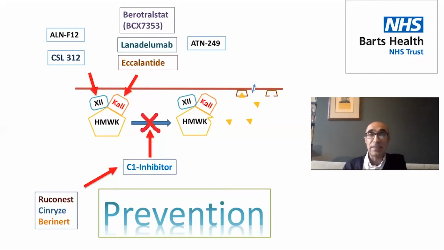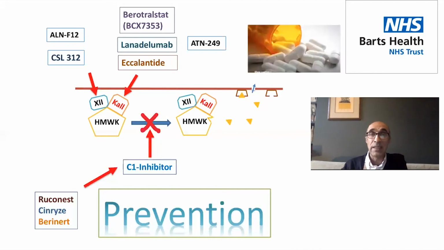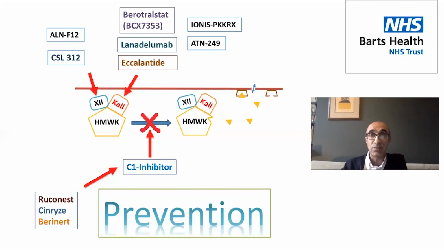There is another small molecule, which is called ATN-249. These are all experimental. None of them are on the market yet. This one is against kallikrein, and it's a tablet as well. And then Ionis PKKRx is a molecule which also reduces kallikrein production. So all these are in the pipeline.